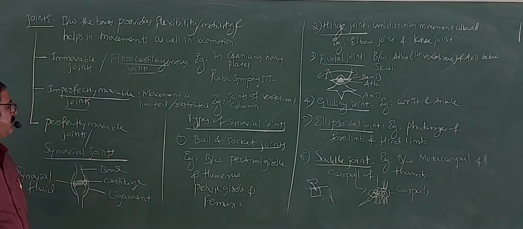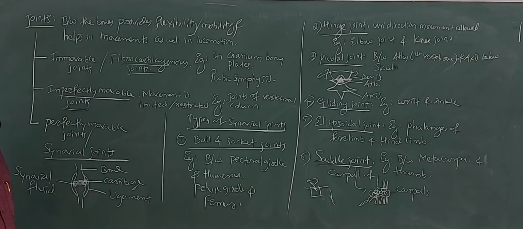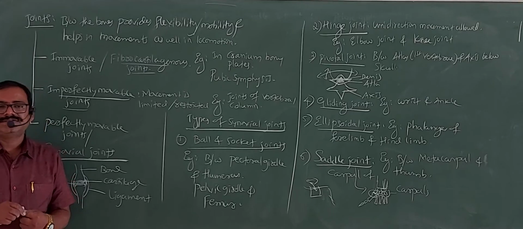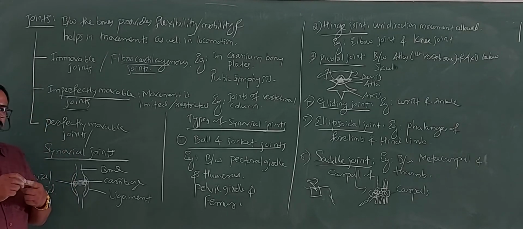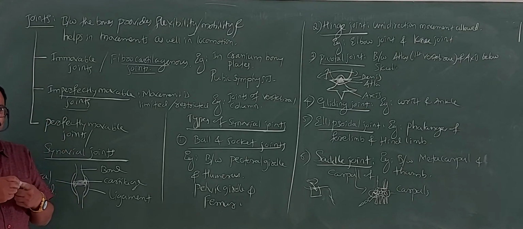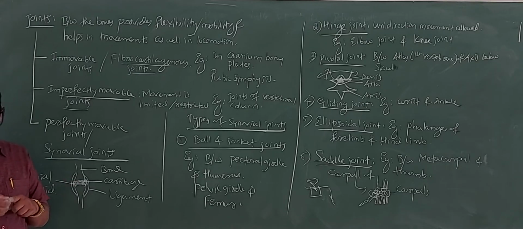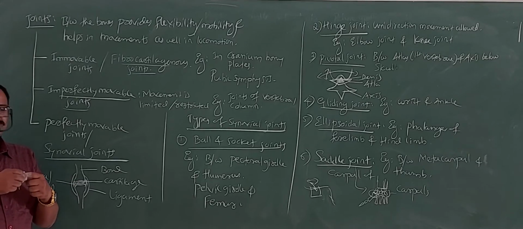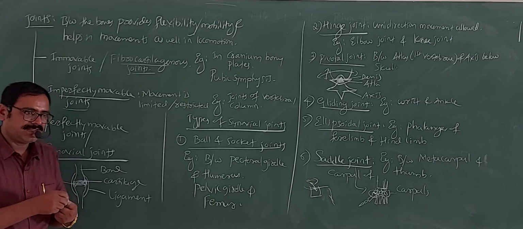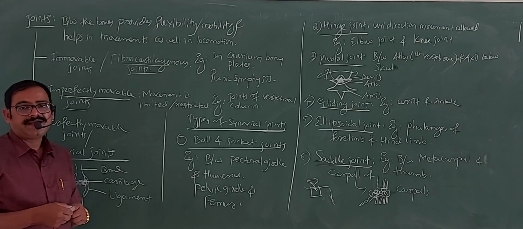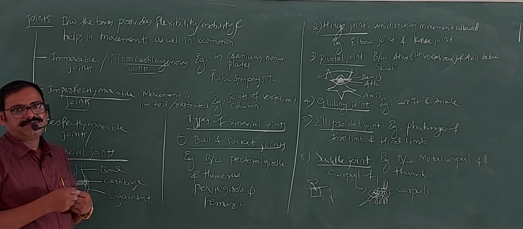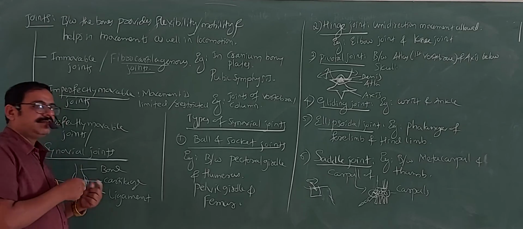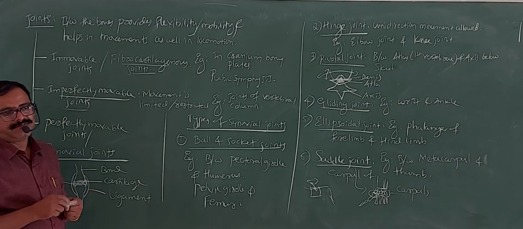As such, we call them synovial joints. In every phalange or finger, we have tiny bones. These bone-to-bone structures are joined by fibers called ligaments, and in between these bony structures we find a fluid called synovial fluid.